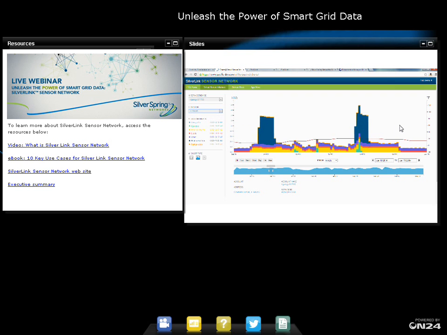Now, if you were this person and you saw this energy use, a natural question that might occur is, well, how much is this actually costing me, right? I can see that it's a large portion of my energy use, but how much does this actually cost me on a month-to-month basis? And through our partner applications and by powering other applications sitting on top of Silverlink, we can actually answer that question.